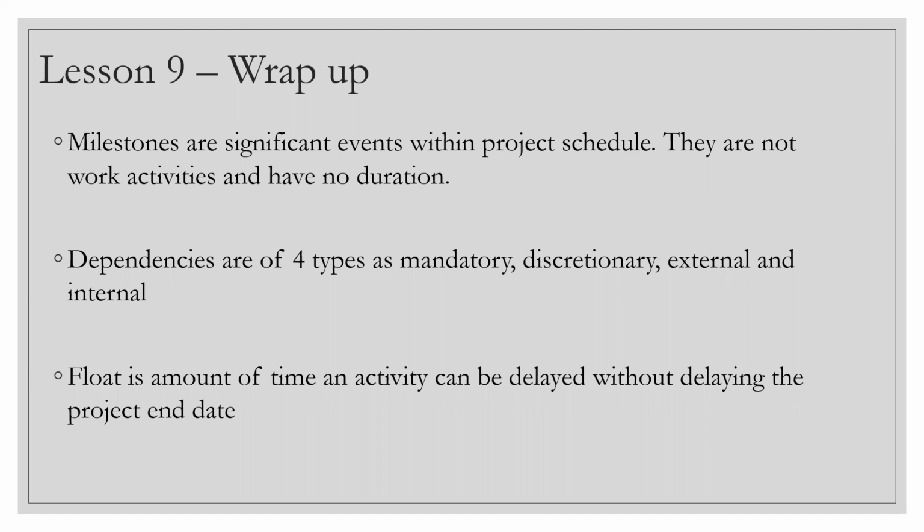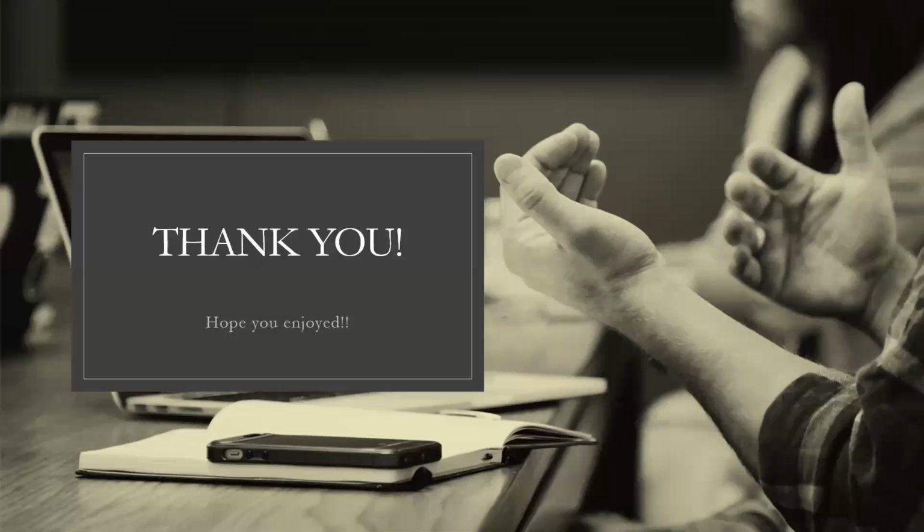There is no impact on the end date, as long as you have float. If the float is zero, then you cannot play with that activity. You have to do it as per the schedule, or else it's a hit on your project end date. And that is the clue to your critical path definition, which I will come to in detail in the next lesson.